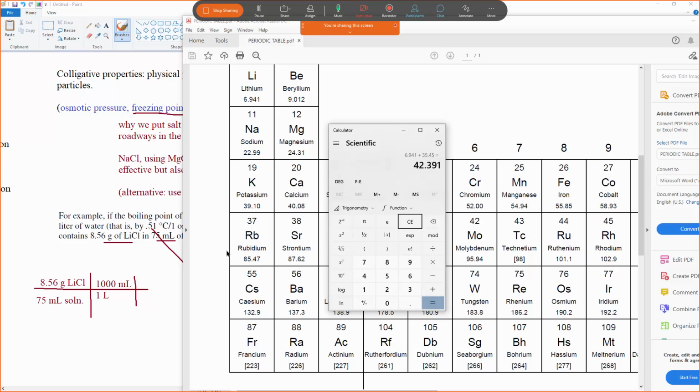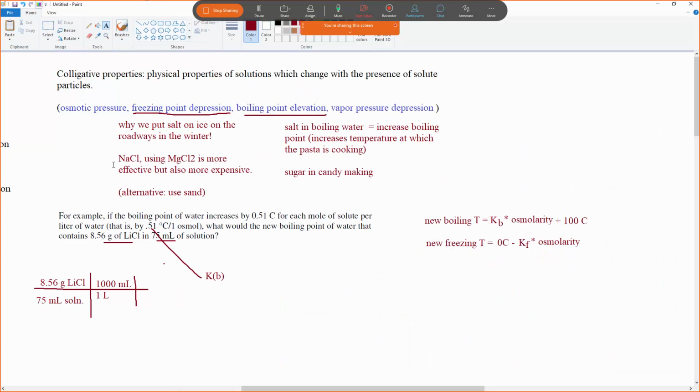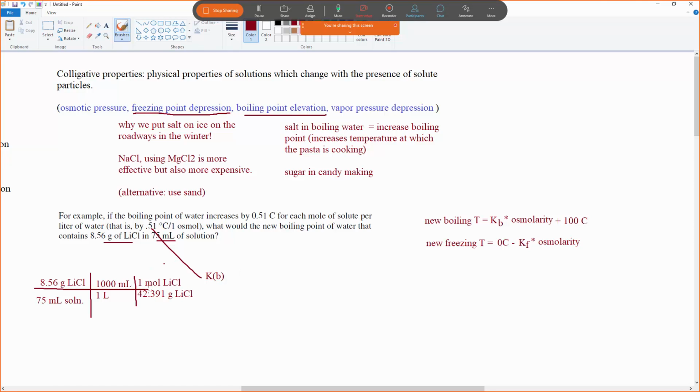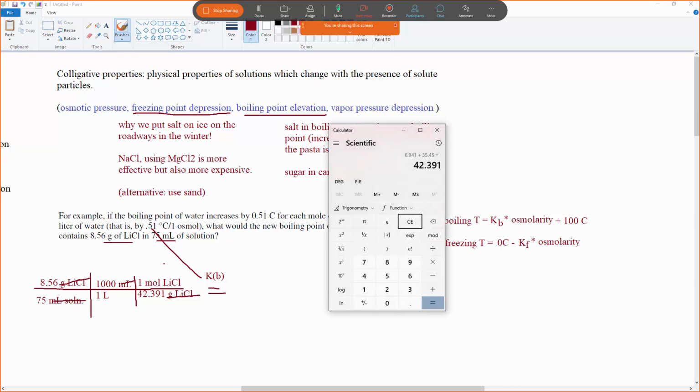So I get 42.391. Good. Nicole got that too. I always feel better when somebody else gets the same answer as me. So 1 mole of LiCl is 42.391 grams LiCl. And my grams cancel, and milliliters cancel, and hallelujah, I have moles per liter, so that's molarity. And what do I do next?